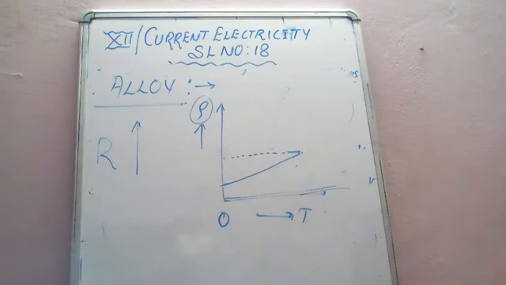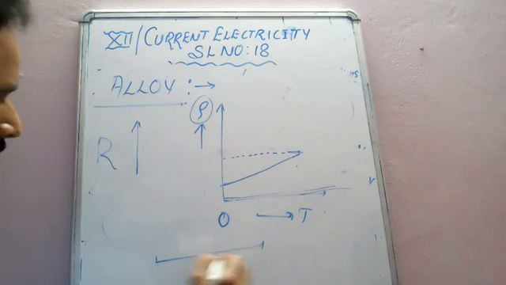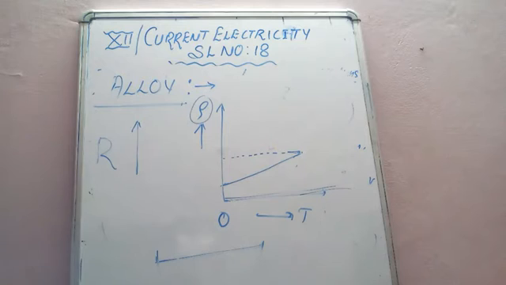Now what happens? Suppose we are taking a wire made of alloy and we are giving a current I. If the time duration is increasing, what happens? After some time the wire will start heating.